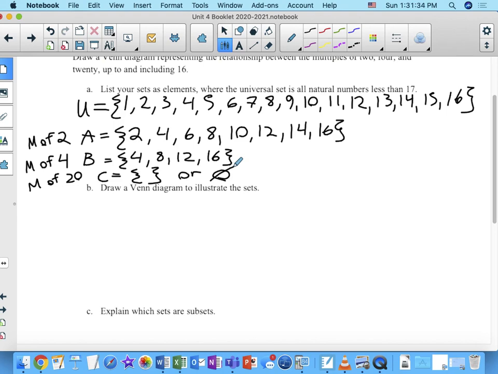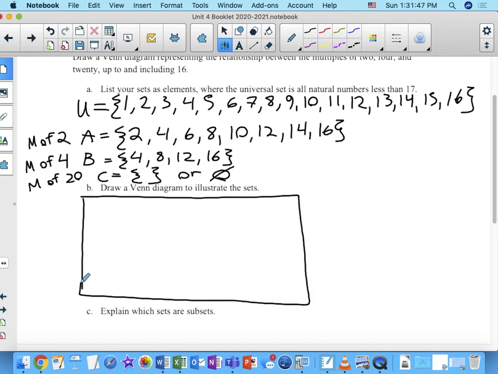Okay. Now, if we're going to draw a Venn diagram to represent this situation, well, the big rectangle represents our universal set. And then we have these two smaller sets, A and B. Okay? So what we need to decide is, firstly, is there any overlap between A and B?